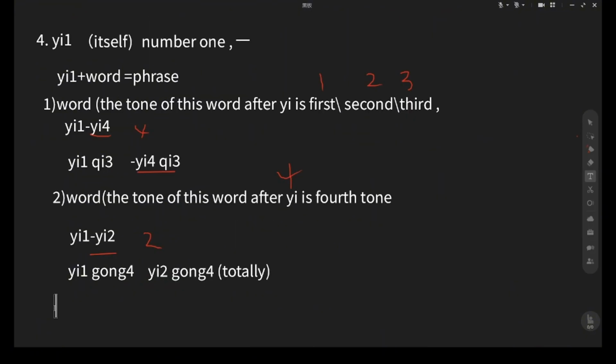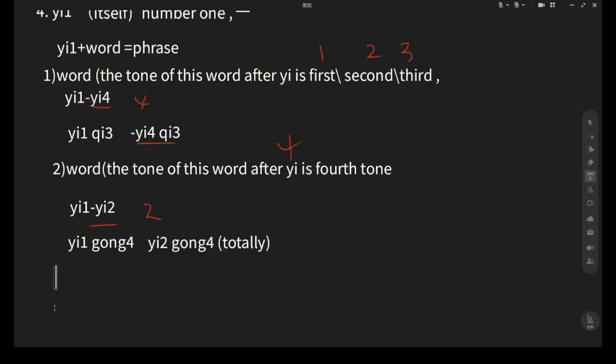So this is 一, okay? So let's see some phrases. You see? So how to read this one? This is 一, which tone? You see? The word after 一 is fourth tone, so we change to the second tone.